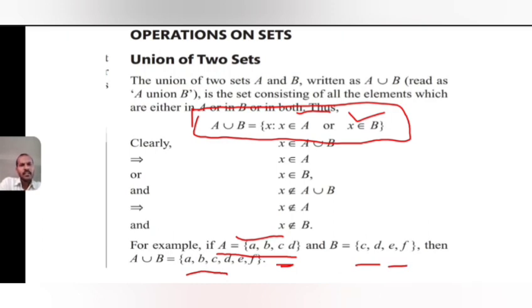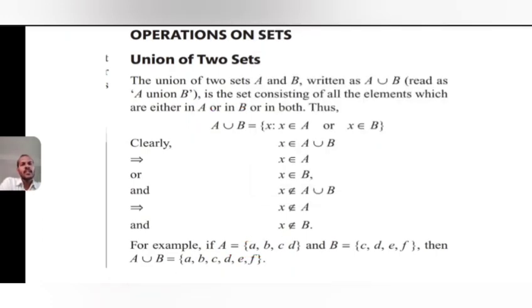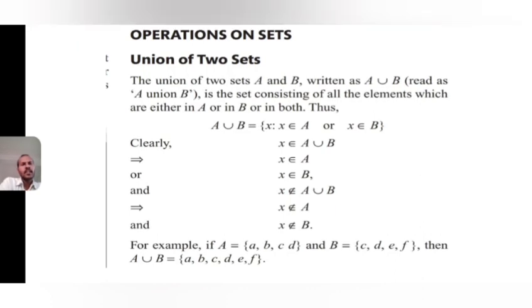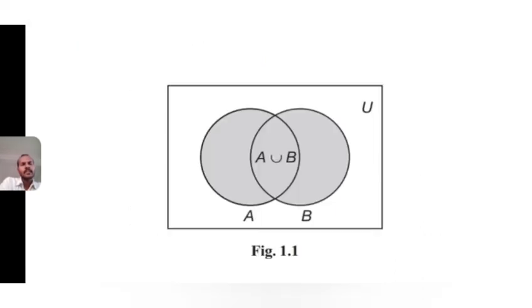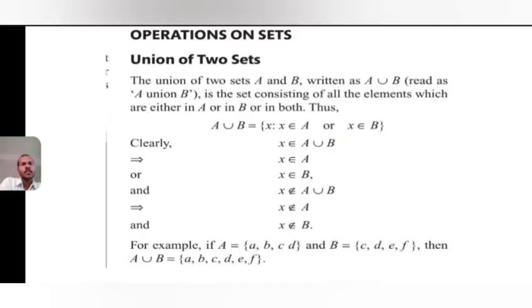Either the elements are in A or in B or in both, right? Here {a, b, c, d, e, f} is nothing but the union of two sets, that is A union B.